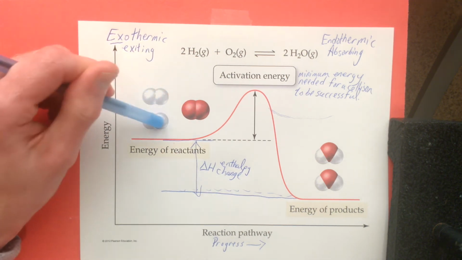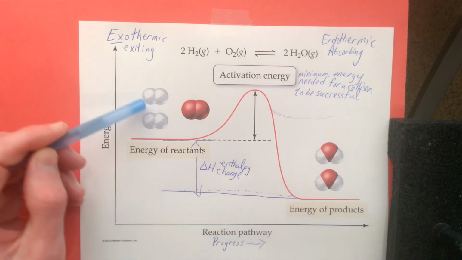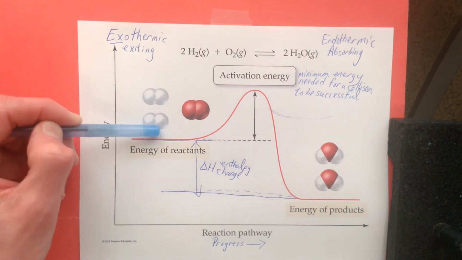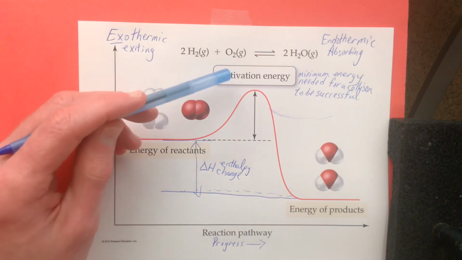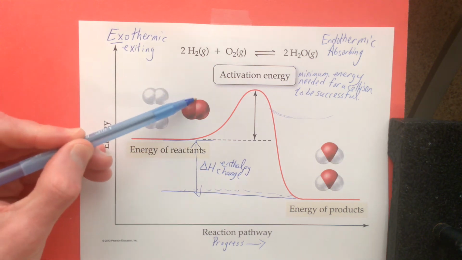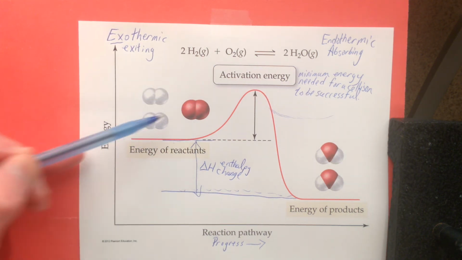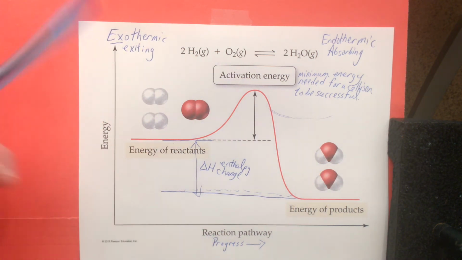We've got to bust these apart. You see, we want one oxygen with two hydrogens, so we have to split these and split these. Well, if they don't collide with enough energy to do so, these molecules won't split and then be able to form these new water molecules. That's what an activation energy is.